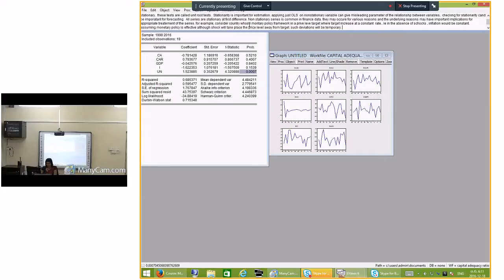Then the price level will not be stationary.